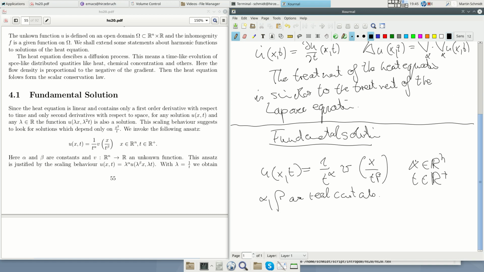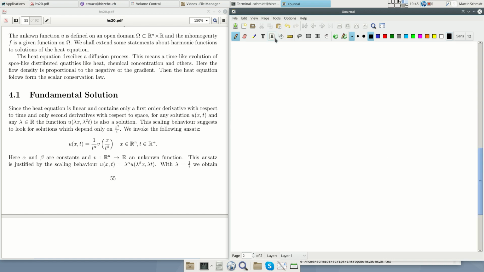And now we calculate. For this ansatz we calculate U dot of x and t minus Laplacian of U of x and t. So what comes out?